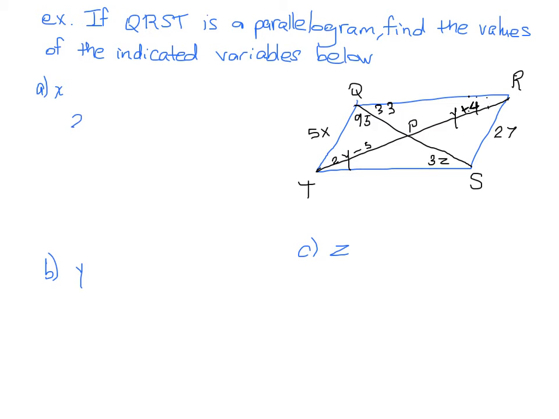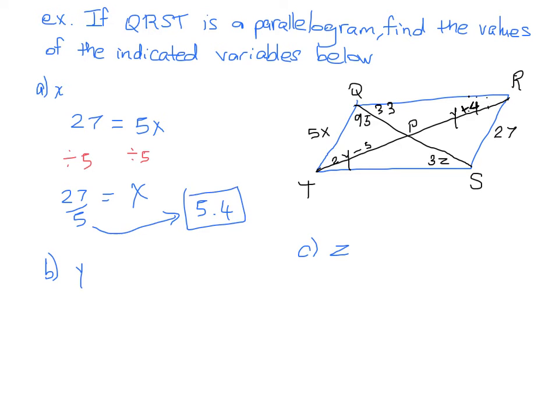So we can write that down: 27 is equal to 5x. Now we can solve for x by dividing both sides by 5, and we get that x is equal to 27 over 5. If you want to leave your answer that way, it's fine, or if you want to put it as a decimal, you can say that x is equal to 5.4.